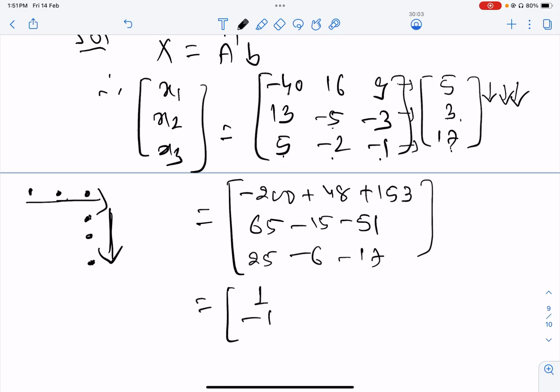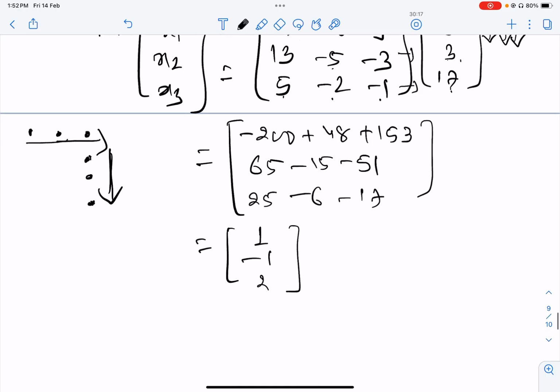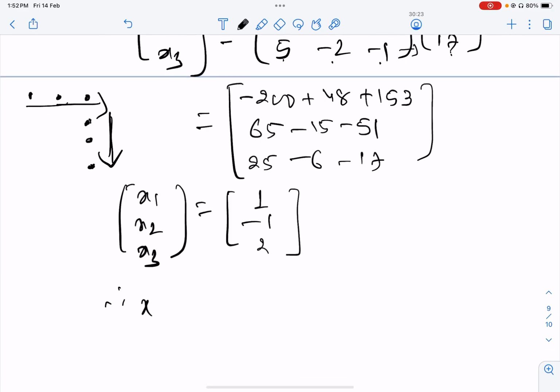Then 25 minus 6 equal to 19. 19 minus 17, so it is 2. So we have the answer as, this side is x1, x2, x3. So therefore x1 equal to 1, x2 equal to minus 1, x3 equal to 2. Okay. Next we'll take the next video question.